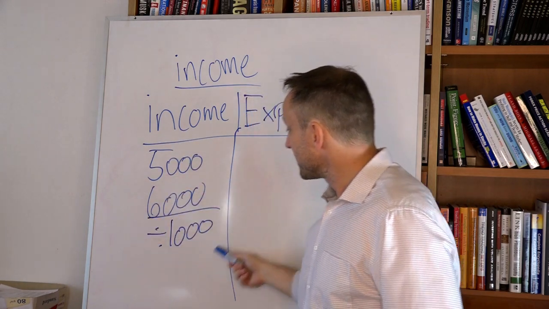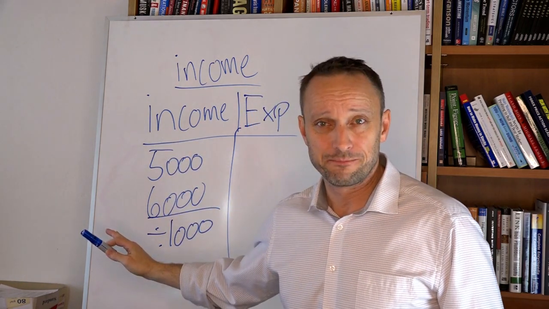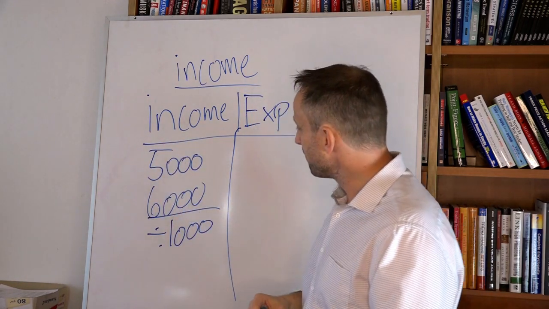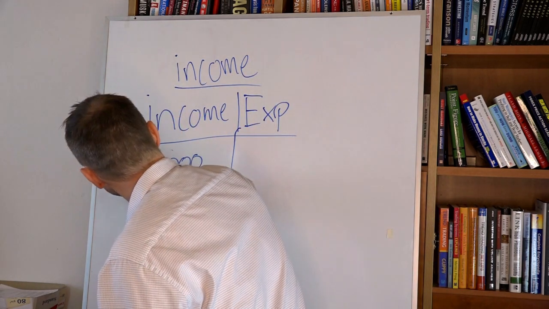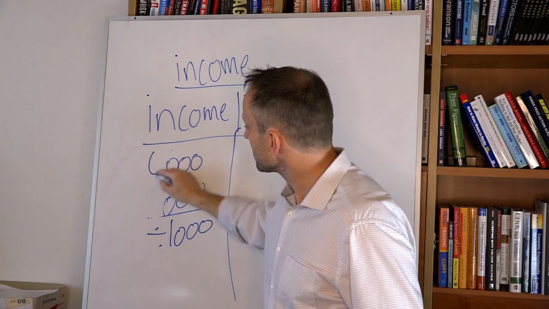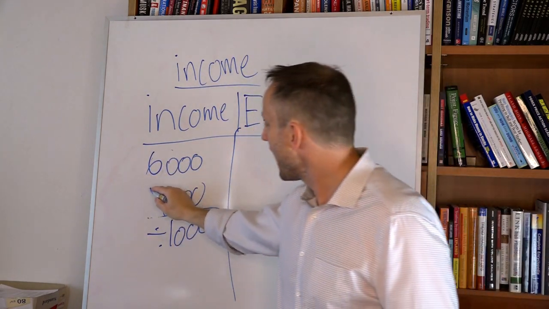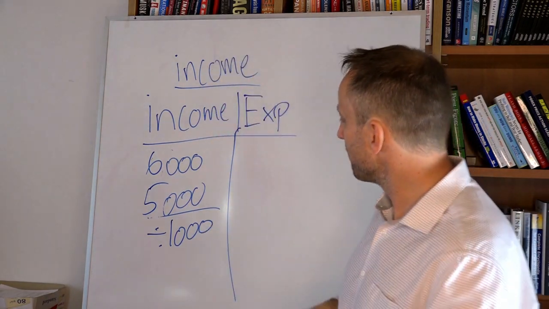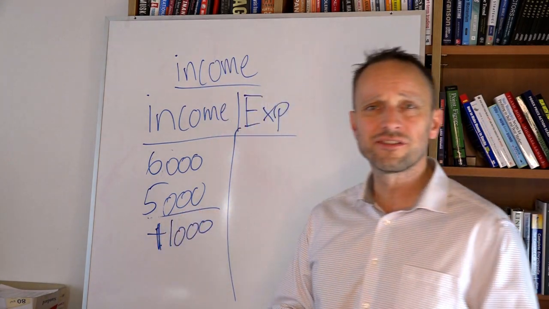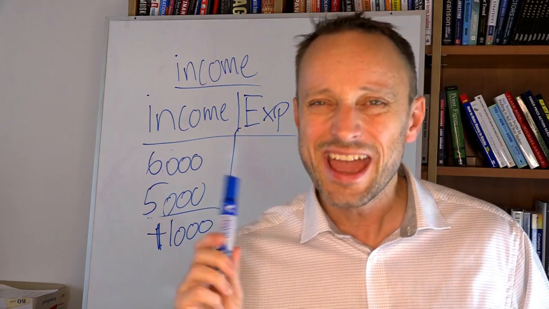So this is definitely the road to disaster. Of course, it could be a bit better. Let's just shift these two numbers, so that you make $6,000 and you only spend $5,000. That makes this a positive of $1,000 every month.